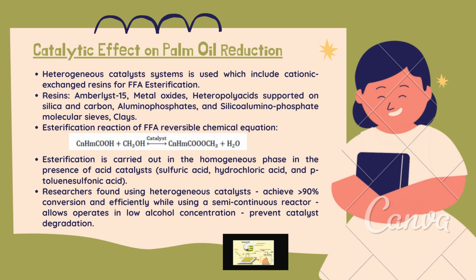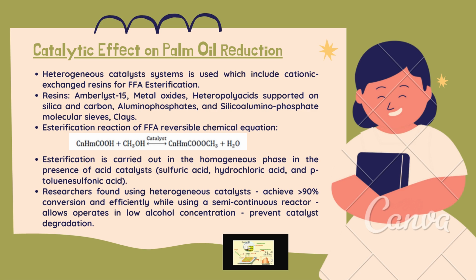The clays have presented substantial interest in several organic syntheses as catalysts. In particular, clays activated with acid treatment have a high concentration of Lewis and Bronsted acid sites, which allows oil esterification with high FFA concentration.